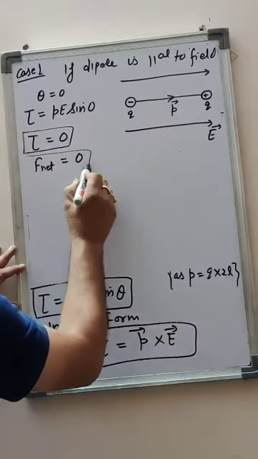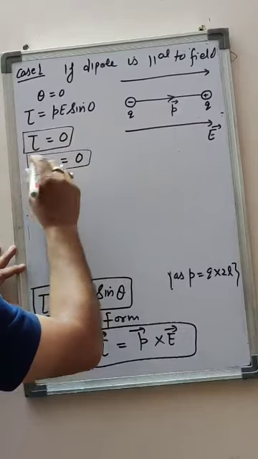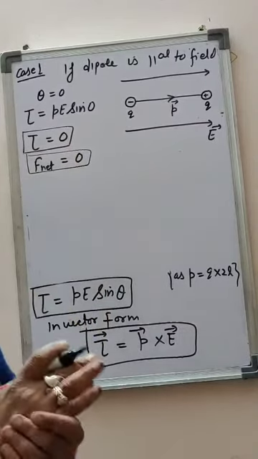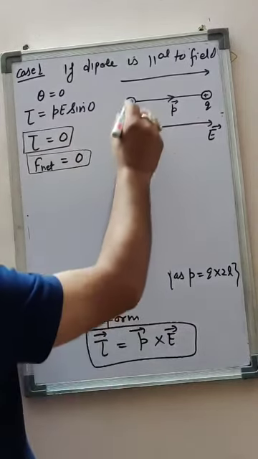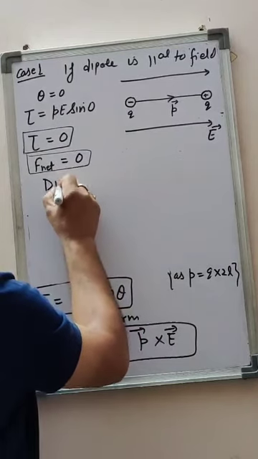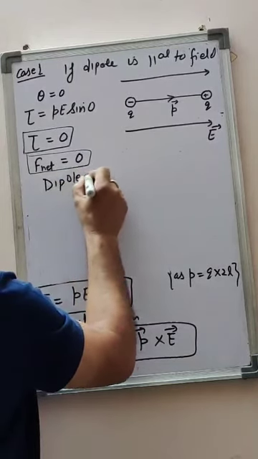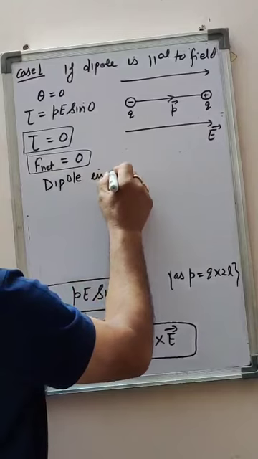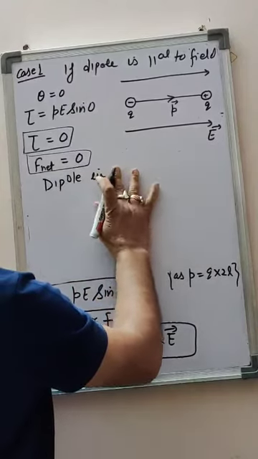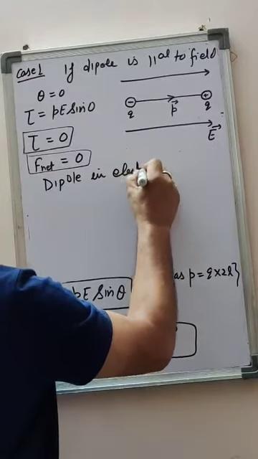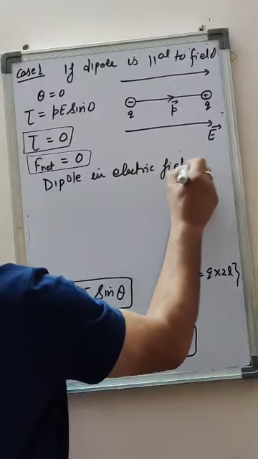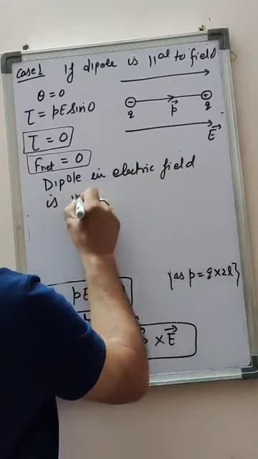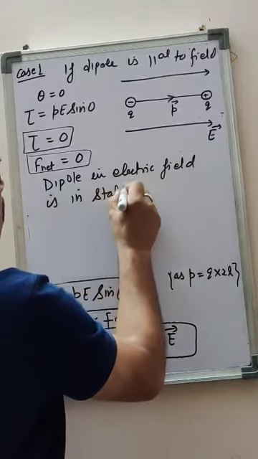Net force is 0, net torque is 0, so this is the case of equilibrium, and in this situation the dipole in the electric field is in stable equilibrium.